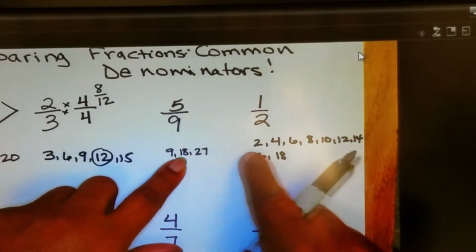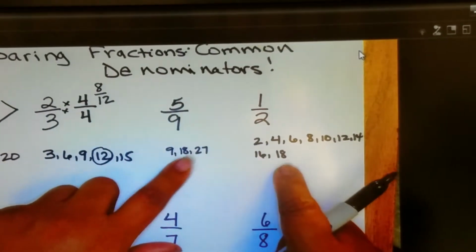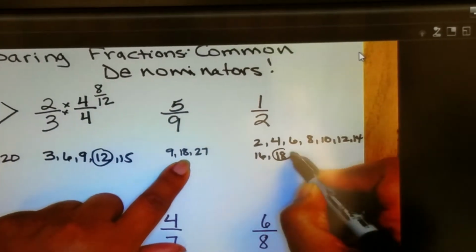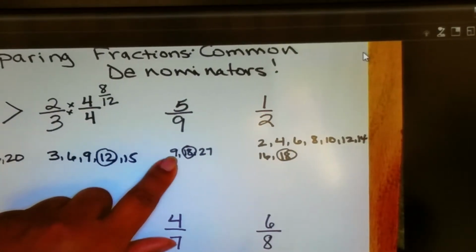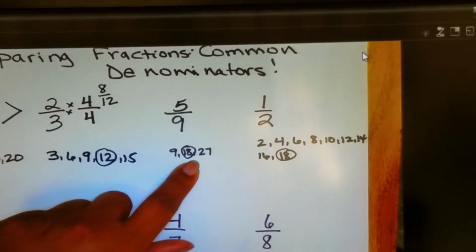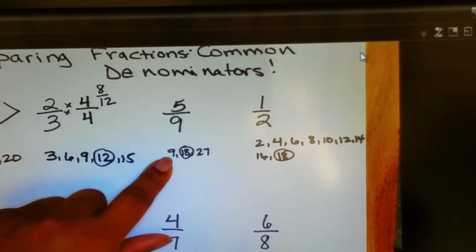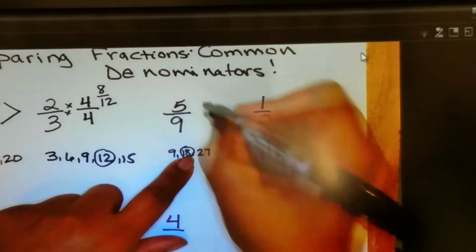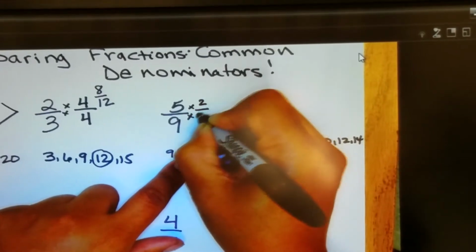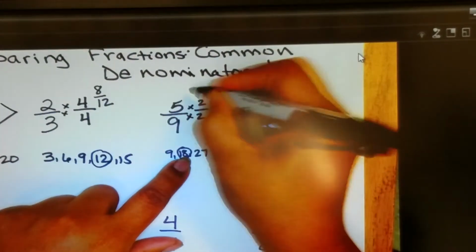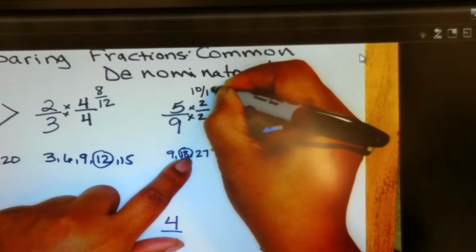Well, I couldn't stop until I found one that they both had in common, which would be 18. So how many skips does it take me to get to 18 from 9? 2 skips, 1, 2. So I'm going to multiply the top and the bottom by 2, and I will have 10 over 18.